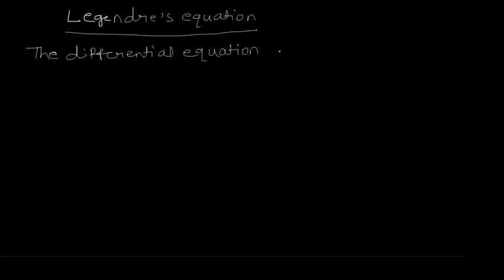The differential equation (1 minus x square) d square y by dx square minus 2x dy by dx plus n into (n plus 1) into y equal to 0.